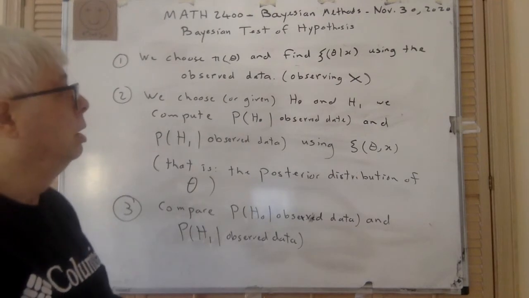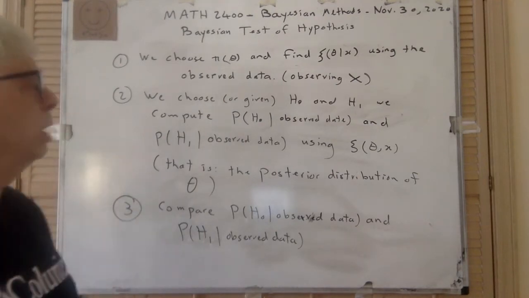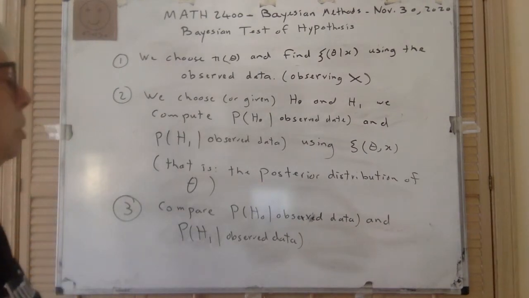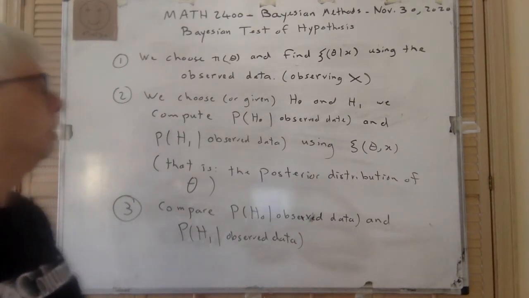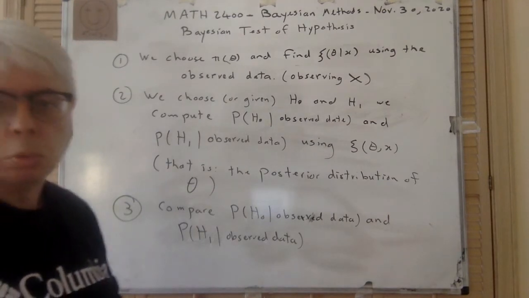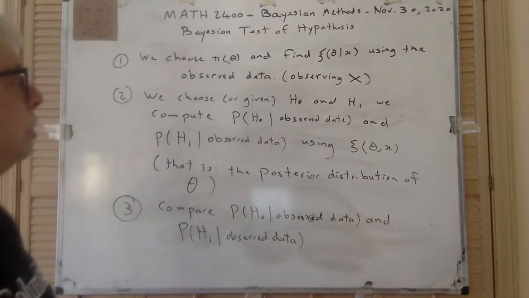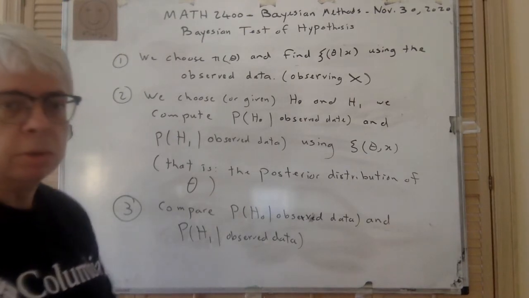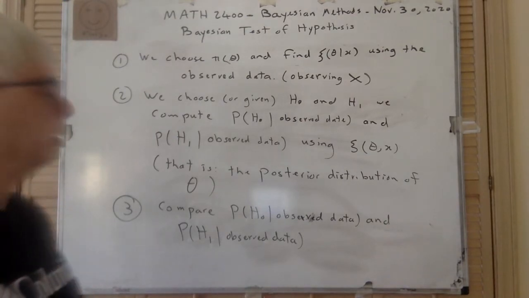And all of this is based on observed data and this choice that you make at the beginning. So that makes this quite different from the frequentist approach, which is just one thing: you find, say, the p-value, and based on the p-value, you decide.